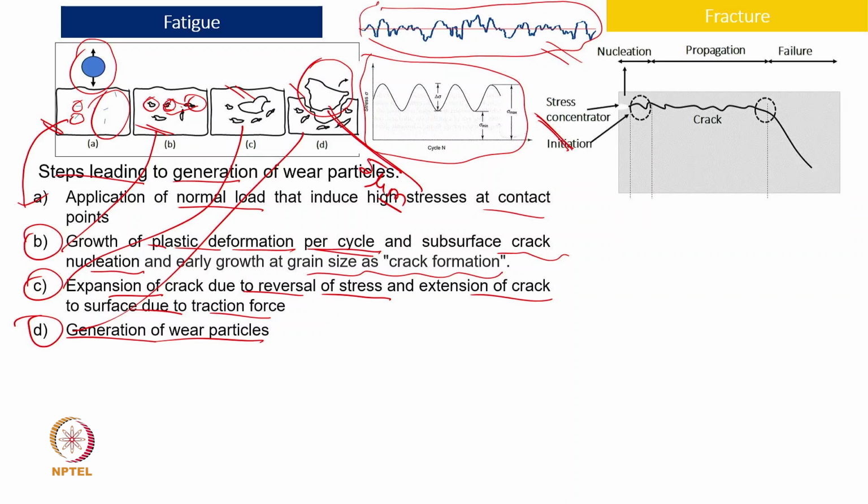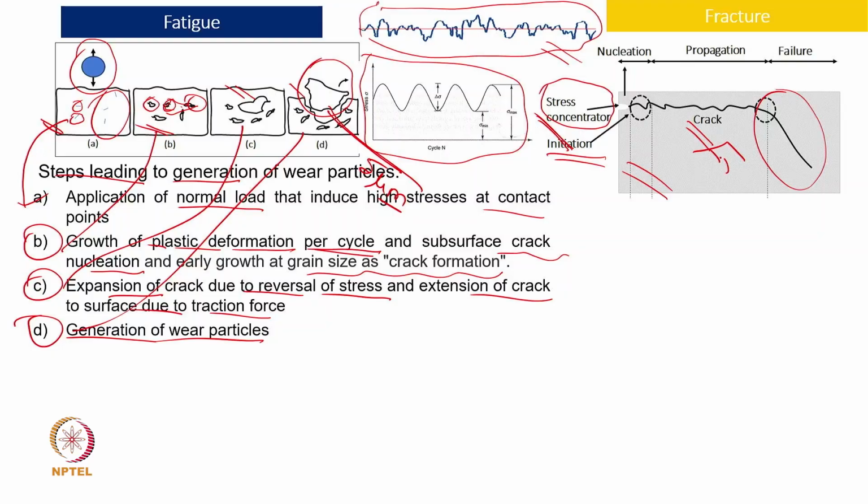Now many books show crack propagation in this manner. We say there is an initial crack, I am trying to show from the side, and there is a stress concentration, and if it comes to some measurable size, then we will say the crack has initiated, and then it goes to propagation, and then finally failure happens. Again, we are talking about the fault, not a component.